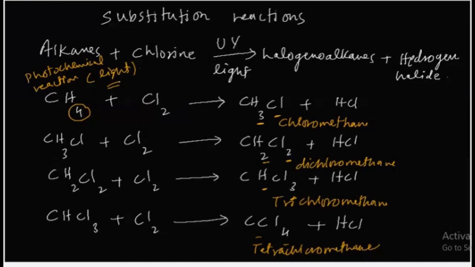The function of the light is to break the single covalent bond between chlorine and chlorine. And then when it breaks, the reaction is initiated. So for the initiation of the chemical reaction, there must be light, and light helps to break the chemical bond between chlorine and chlorine, and then the reaction starts.